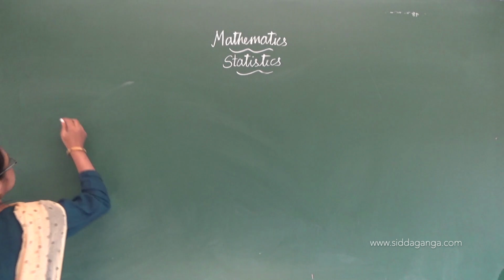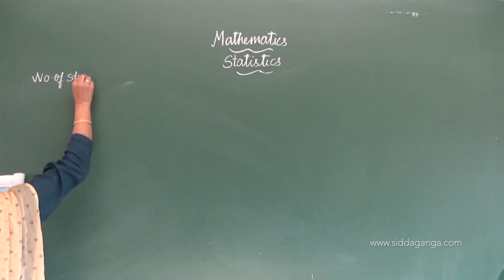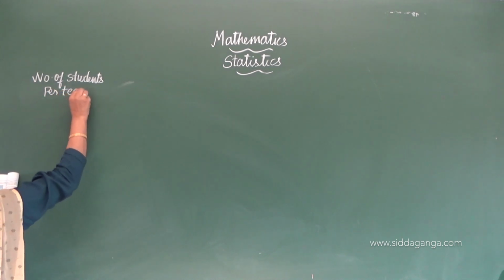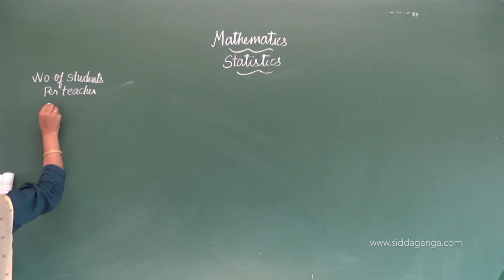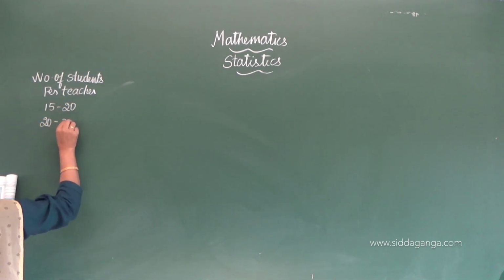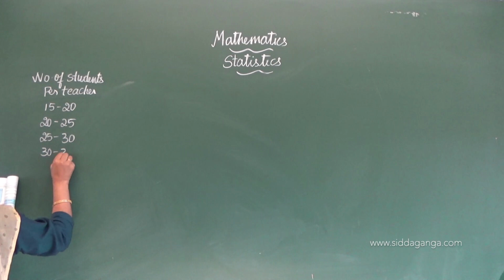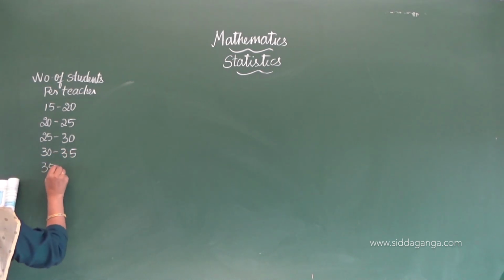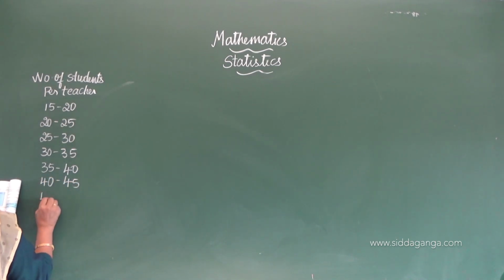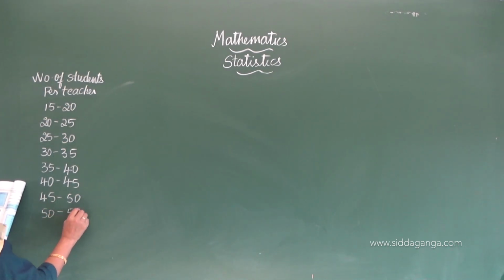So, number of students per teacher: 15 to 20, 20 to 25, 25 to 30, 30 to 35, 35 to 40, 40 to 45, 45 to 50, 50 to 55.